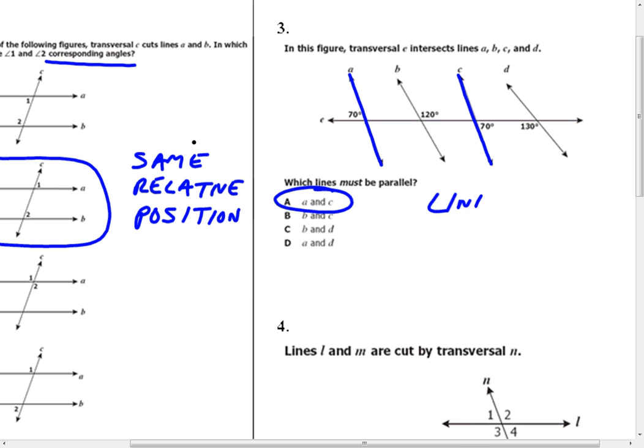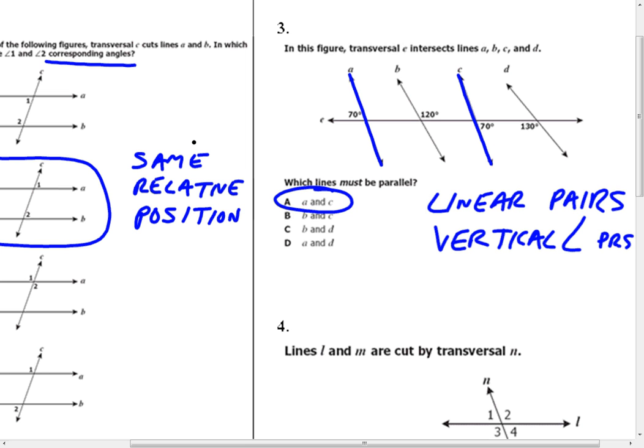And for something like this, I would ask you to remember your linear pairs and your vertical angle pairs. So if I'm seeing a drawing like this or a diagram like this, I immediately start putting in some vertical angles.